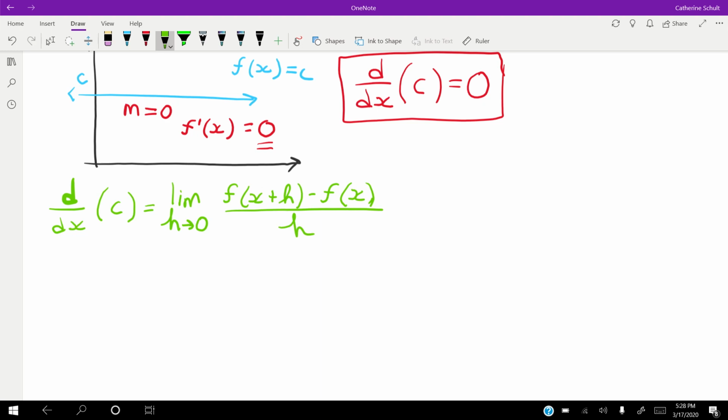Okay, so if we were to plug in our input into our function c, well, it doesn't matter what the input is, right? If it's a constant, whatever we put in, we're always going to get back c.